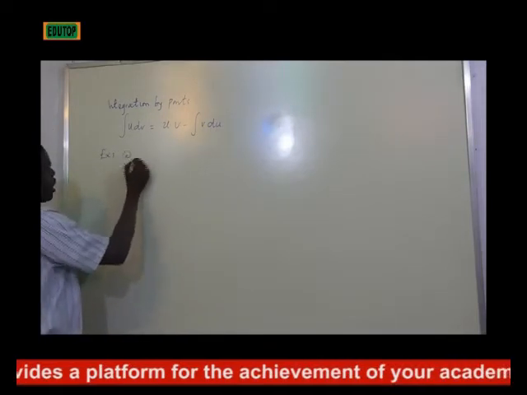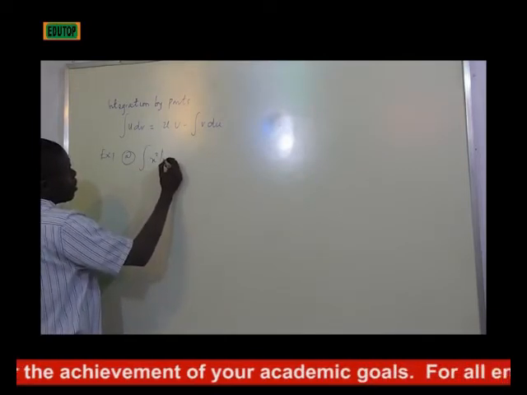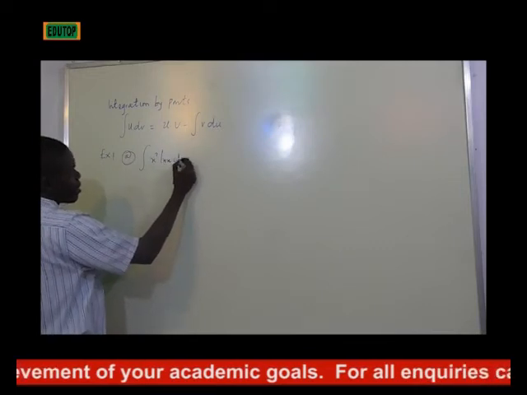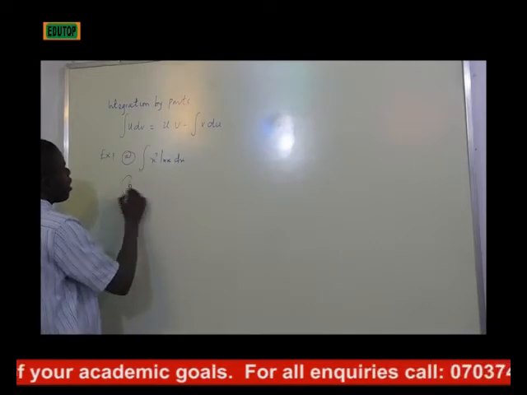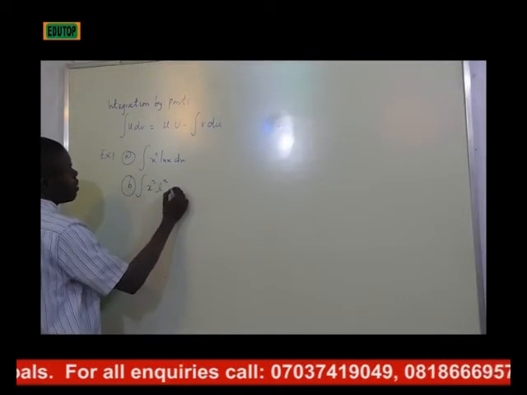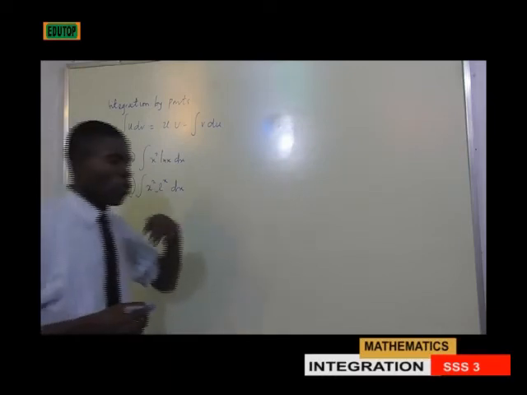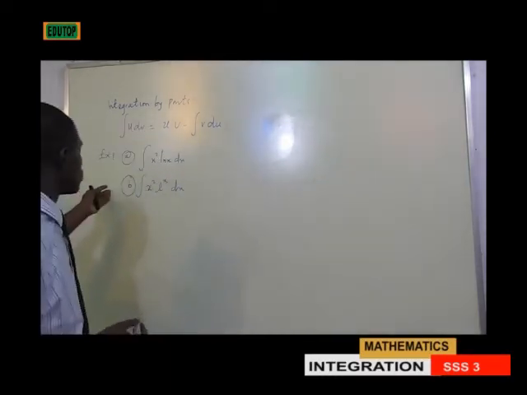In case you have, in part a, let's say, x squared ln x dx, or you also have b, let's say you have x squared e^x dx. Look at these two situations.